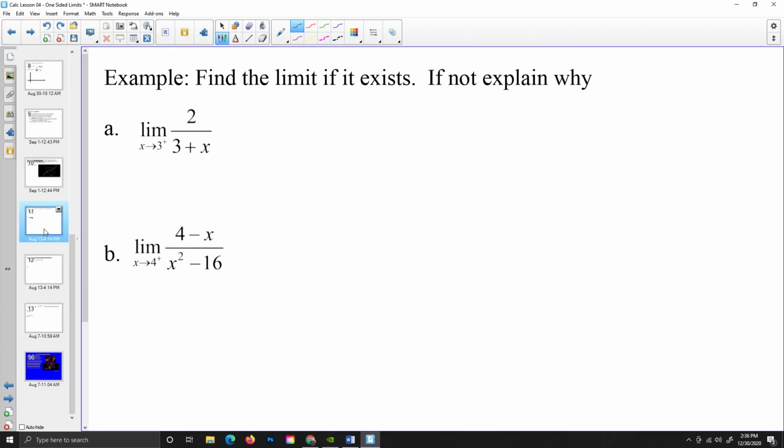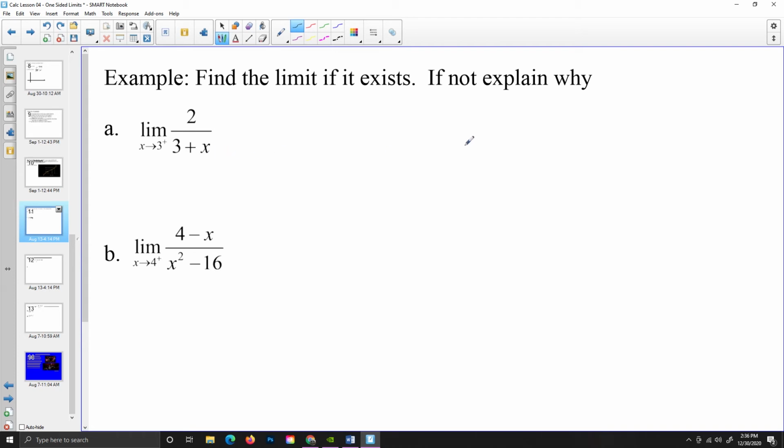Some additional examples: find the limit if it exists. If not, explain why. And so here, this limit says find the limit as x goes to 3 from the right-hand side of 2 over 3 plus x. This is a rational function, and I can plug in 3 for x through direct substitution.